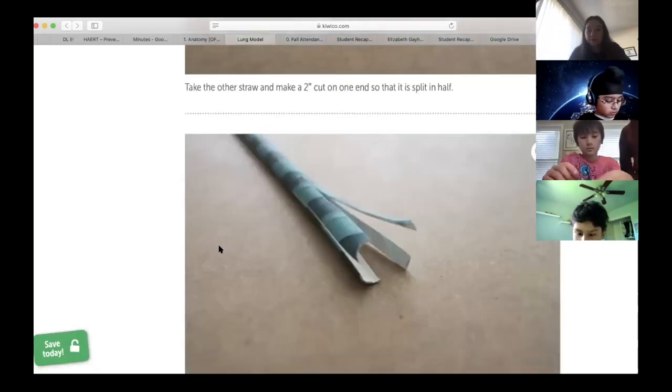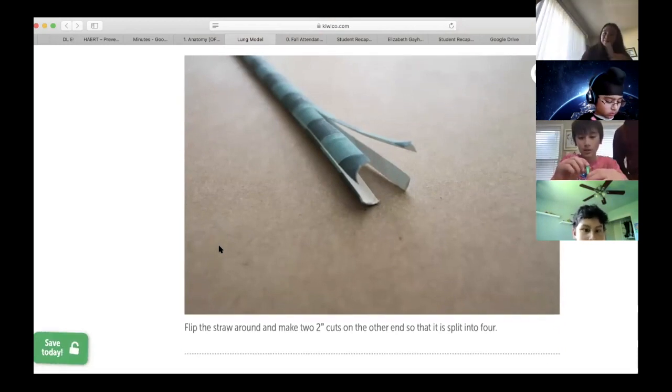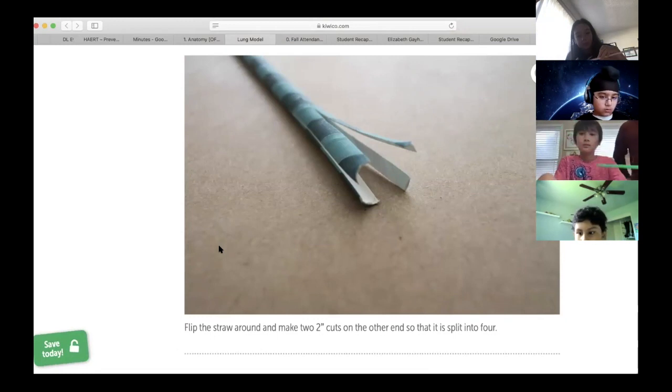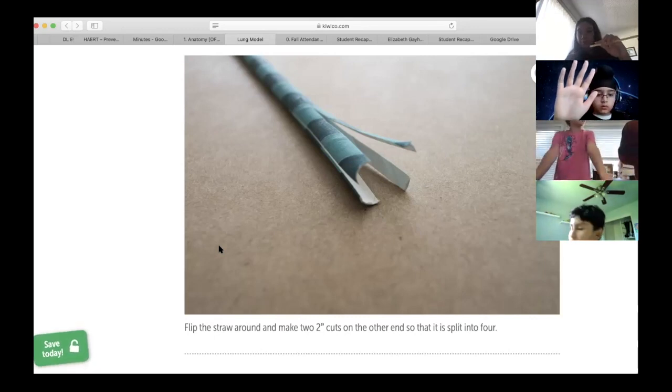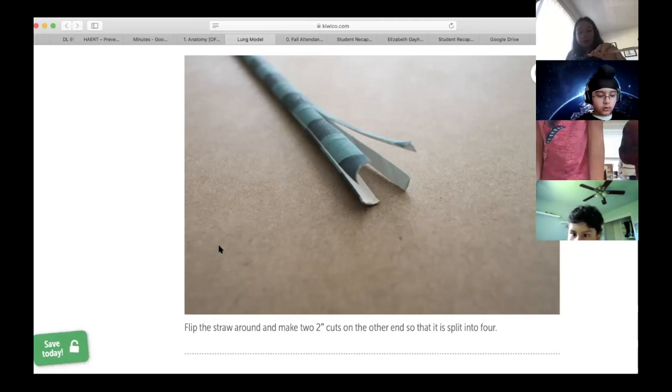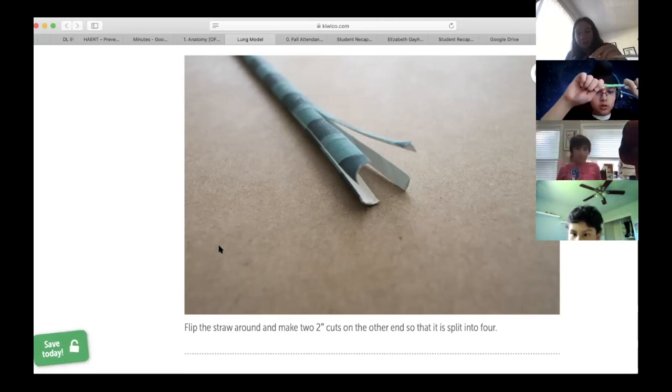Then on the other side, you're going to make 2 cuts. Go ahead, Maskeen. I have one of the straws with this stretchy thing in the middle.